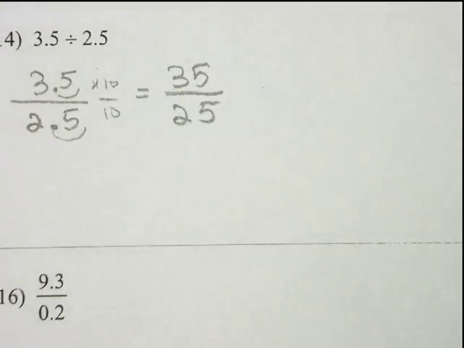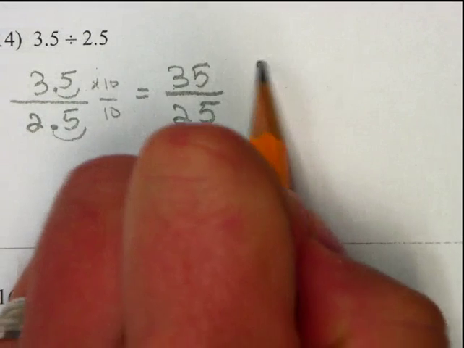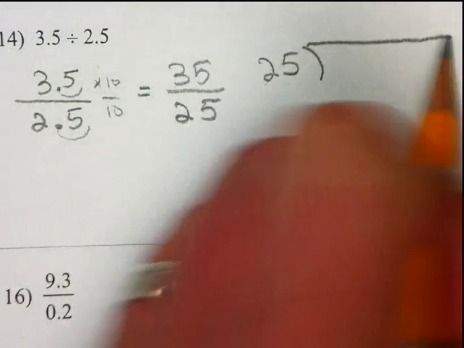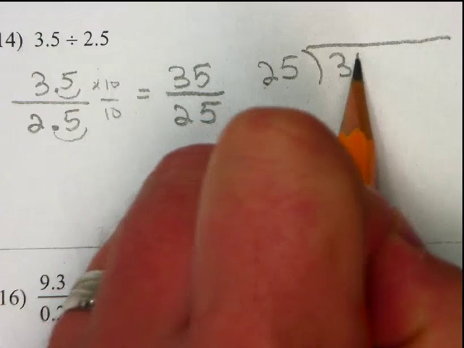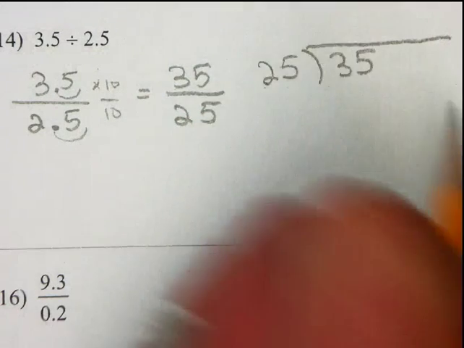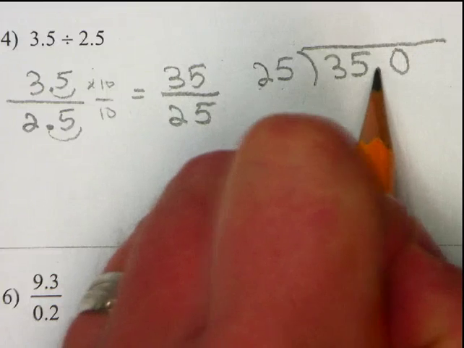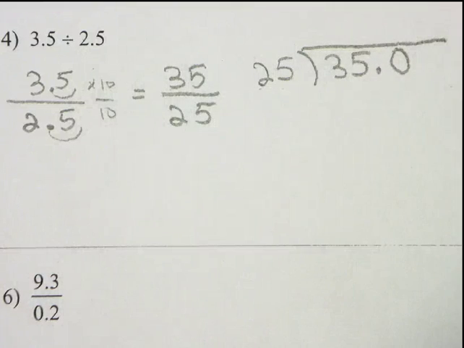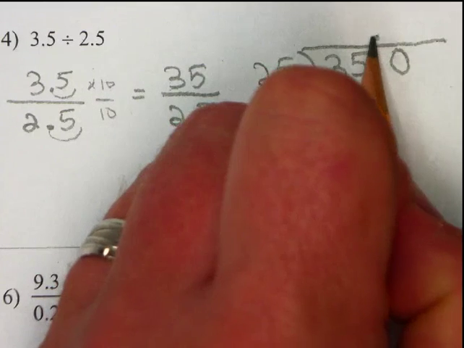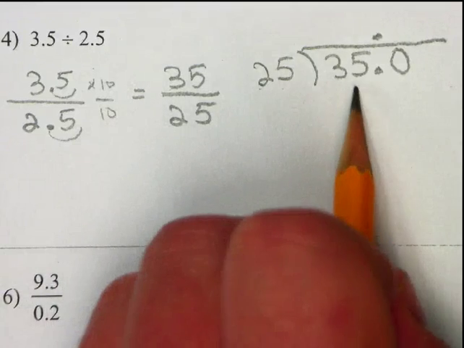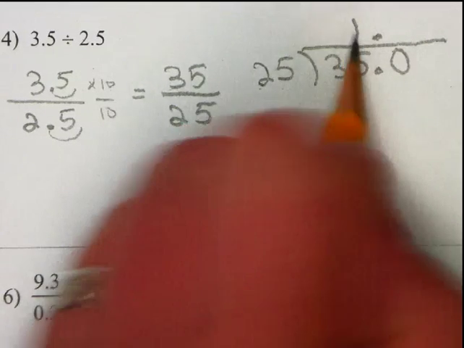Okay, so let's put this in a long division. So 25 on the outside, 35 on the inside, and we usually put like a 0.0. And we can put the decimal above as well. And we might have to add more zeros if needed. Okay. So 25 goes into 35 one time.